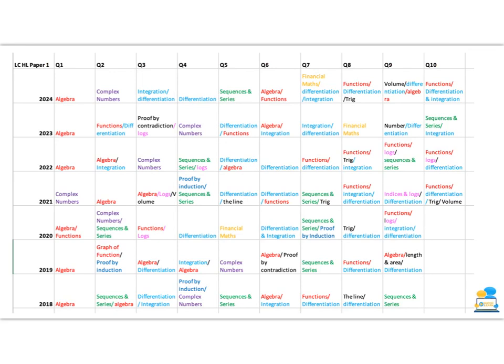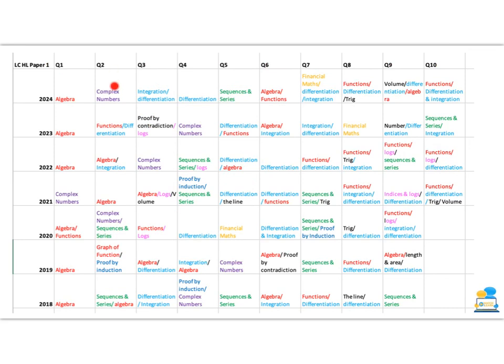But I think what's nice looking at this graphic is you can see, okay, in question 1 to 6, which again is my section A questions, we can clearly see that algebra tends to have at least one question pretty much all to itself, with probably a bit of functions mixed in. We seem to have a sequences and series section A question most years, even though I know in 2023 we didn't.